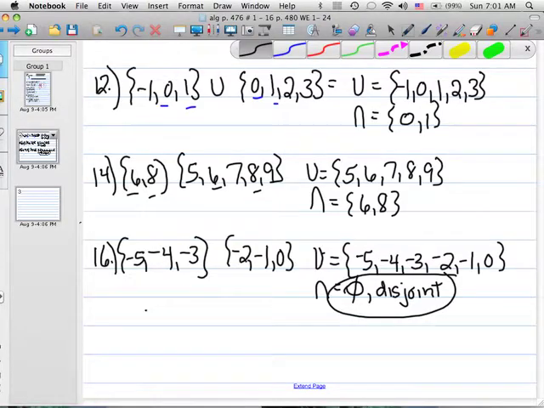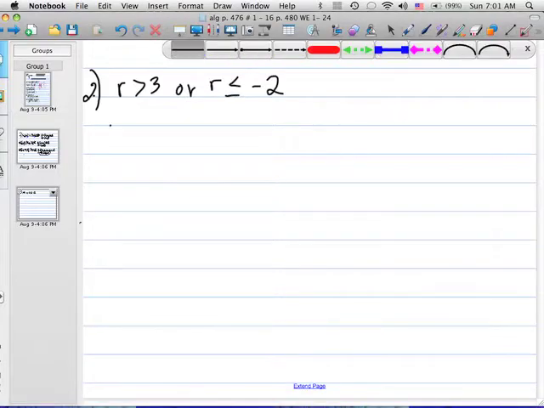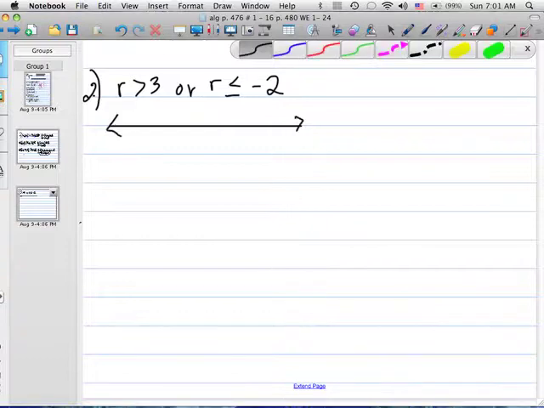Our next assignment is on page 480. These are the compound sentences 1 to 24. So problem number 2, draw the graph of each of these. 2 says r is greater than 3, or r is less than or equal to -2. So remember, this is like union. We just join them together on the same number line.